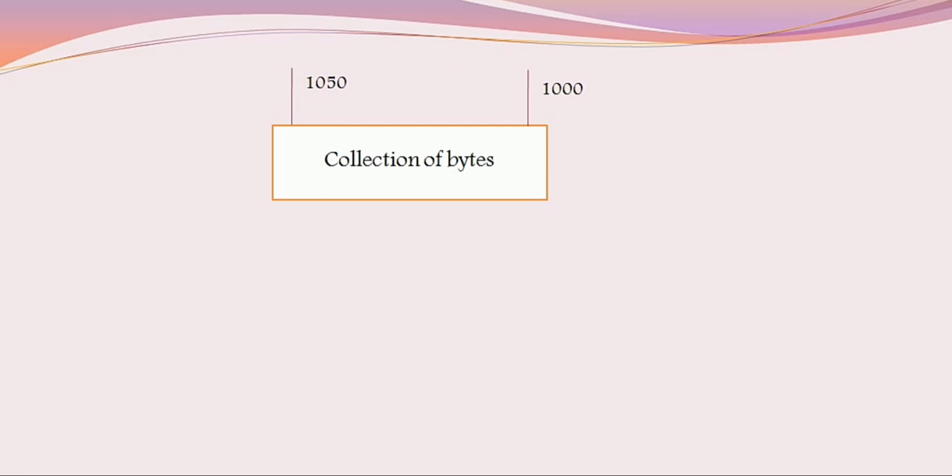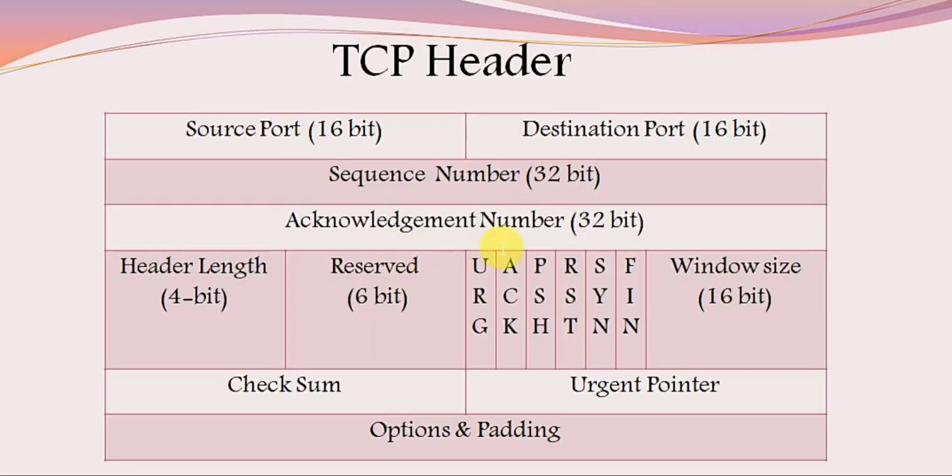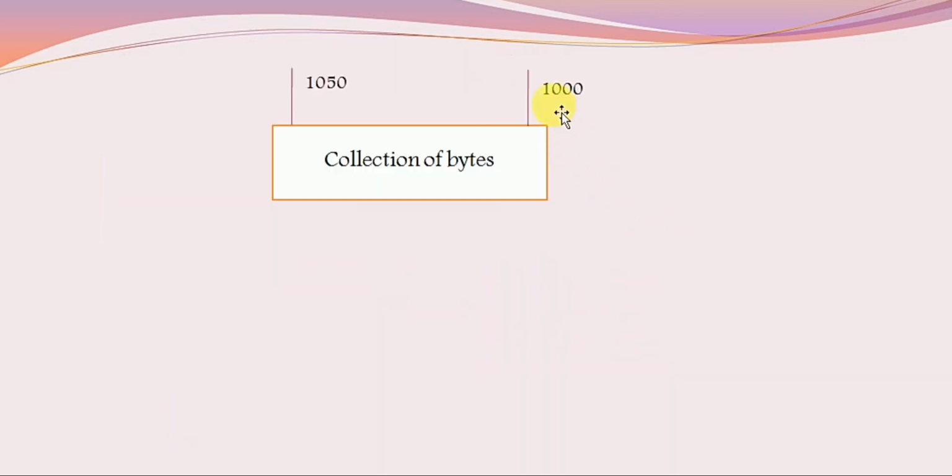Now let us see what the acknowledgement number refers to. When the receiver receives the data, it sends an acknowledgement to the sender. Let us consider the same case as in the sequence number: the segment size is 50 bytes, the starting sequence number is 1000 and the ending is 1050.